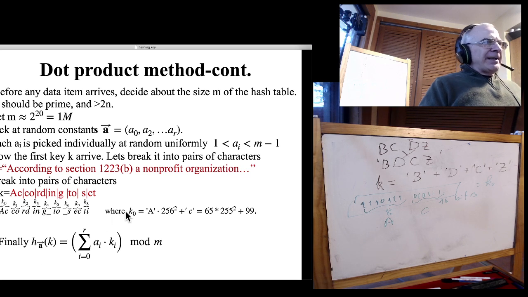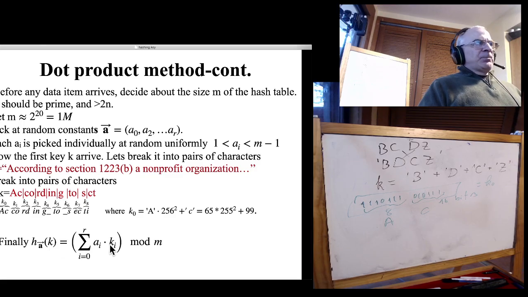Finally, now when you understand how I generated all these numbers, K0, K1, dot, dot, dot, until I'm done with the file, with the key, what is h of K? And I highlight here K depending on this constant that you decided about, A0 to AR. How do I compute it? As simple as possible.